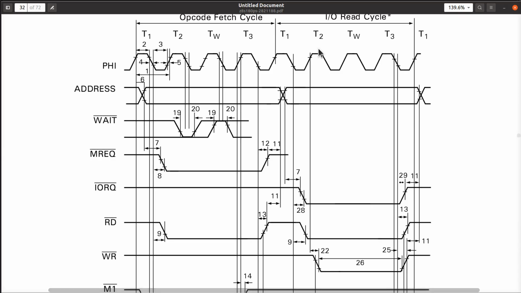Somewhere in the second cycle or somewhere around here, I/O rec goes low, then my write goes low, and you can see these are basically cause-effect arrows with a delay saying that the rising edge of T2 will cause write to go low within so much time, and they put a 22 there, and you look up the 22, and you find out that really means that this amount of time is less than or equal to 25 nanos.